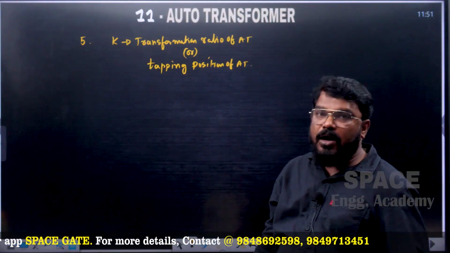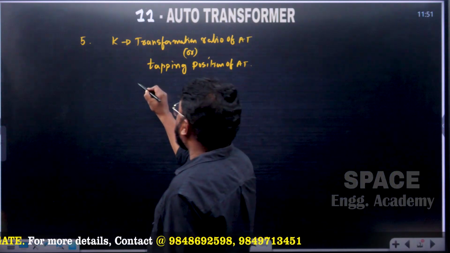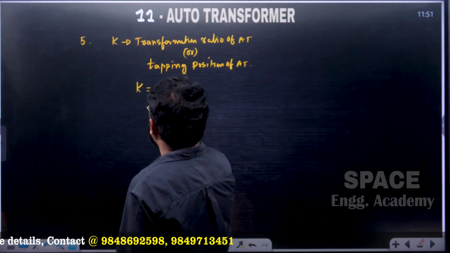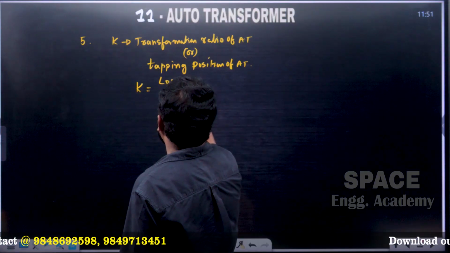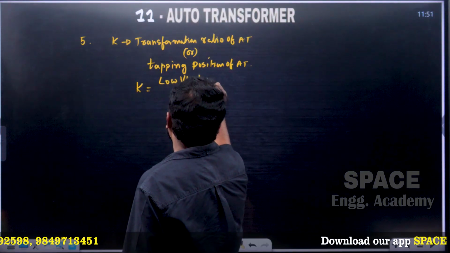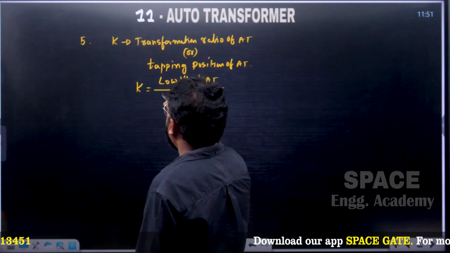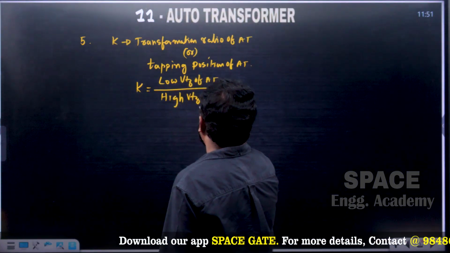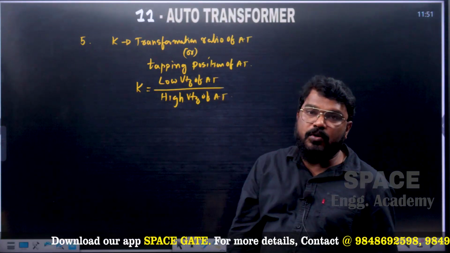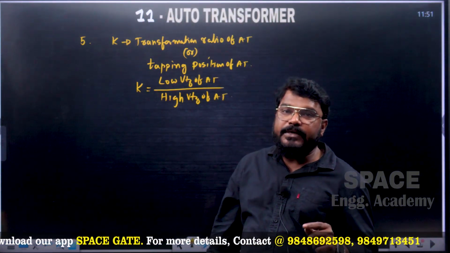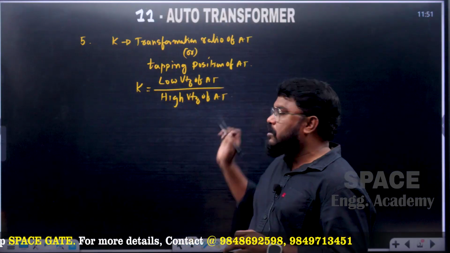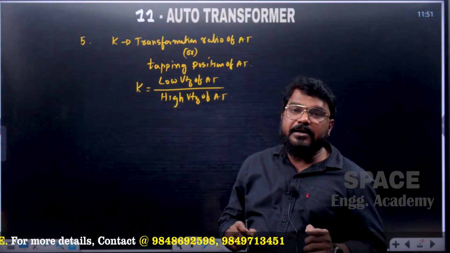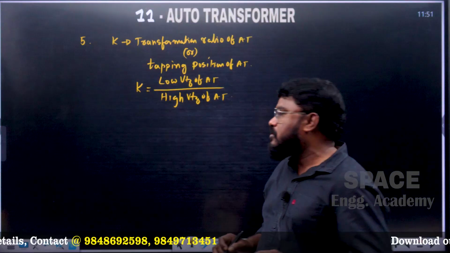And how do we find out K? Always K of auto transformer is equal to the low voltage of auto transformer divided by the high voltage of the auto transformer.